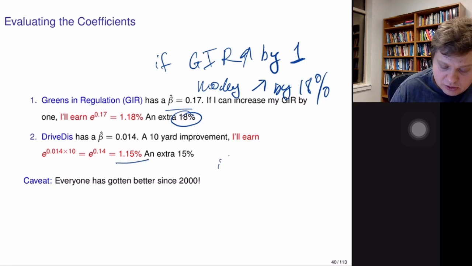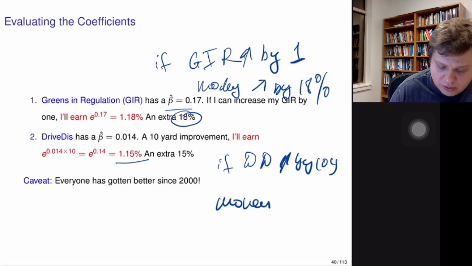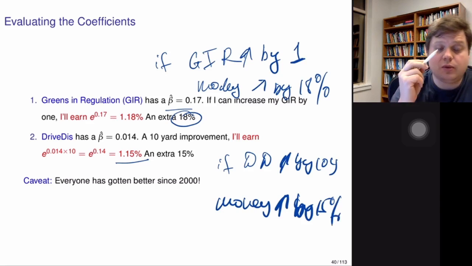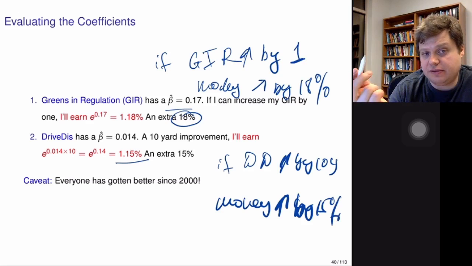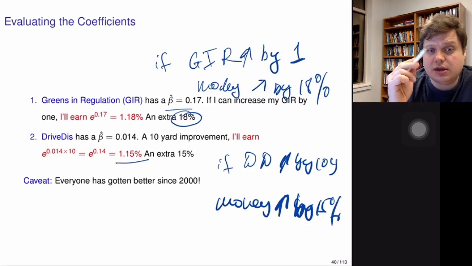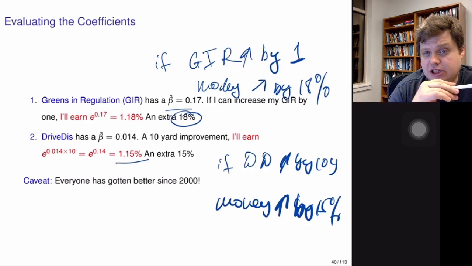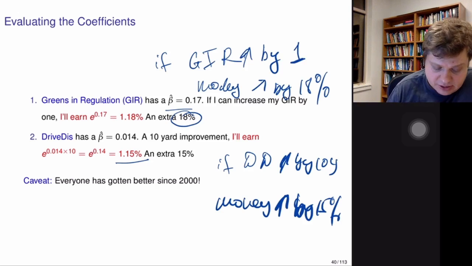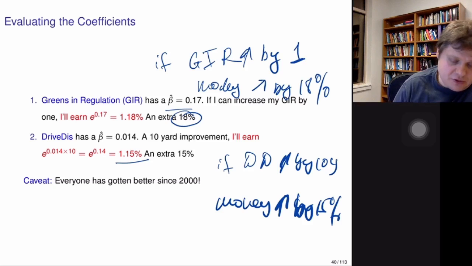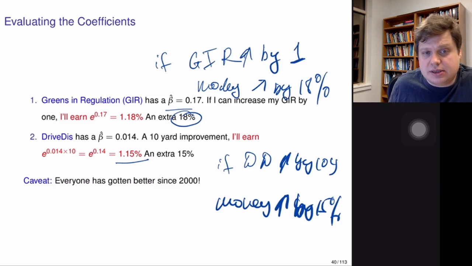So if your drive distance goes up by 10 yards, your money will go up by 15%. Again, we had the y variable on the log scale, and the rest of the x variables were on the original scale. So when x changes on the linear scale, y changes on the multiplicative, percent scale. And of course, everyone has gotten better since 2000.